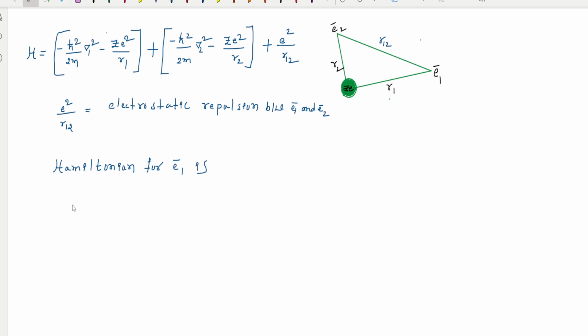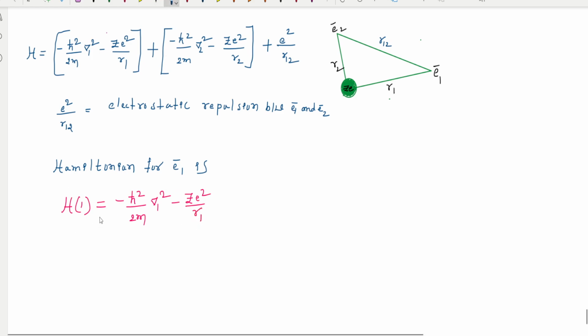We try to write the first electron Hamiltonian. H1, the first electron Hamiltonian, equals minus h cross square divided by 2m del 1 square minus the potential energy of the first electron with the nucleus.